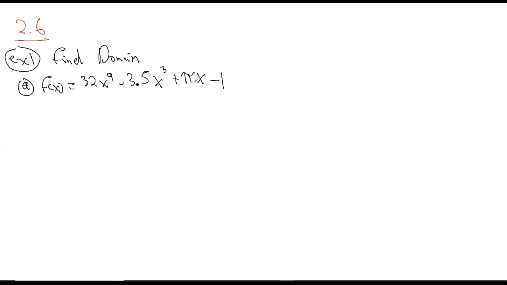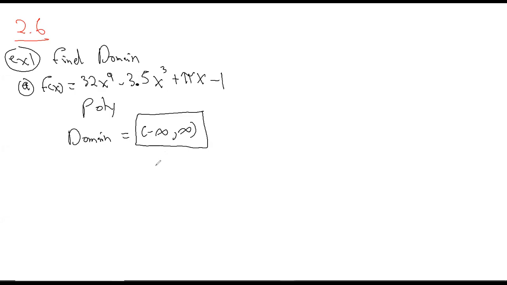Yeah, it's decimals and irrational numbers in there, but it doesn't matter. This is a polynomial, which says that the domain is automatically, if you flip back to your notes from previously, all real numbers, negative infinity to infinity. That's the answer. If you were doing this by hand, which you won't be, you could also use the symbol for all real numbers, but that's how it's going to be seen in my math lab homework or test.